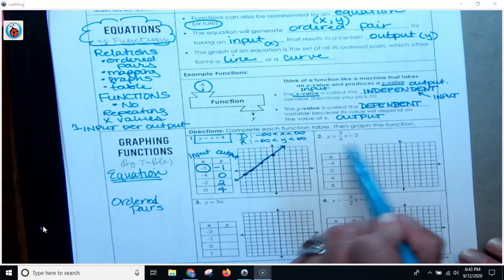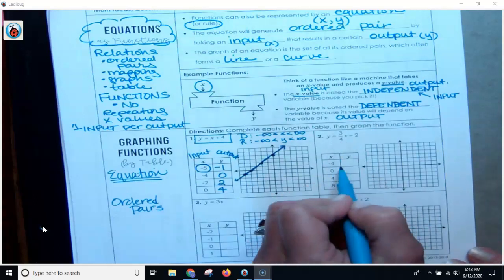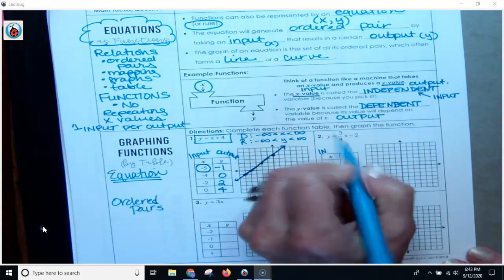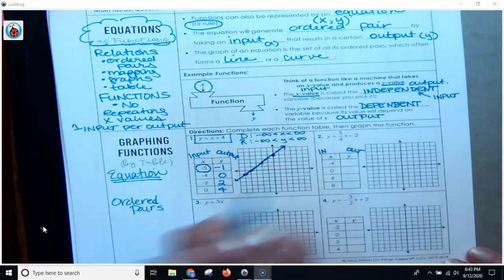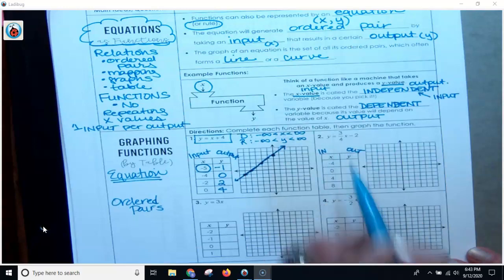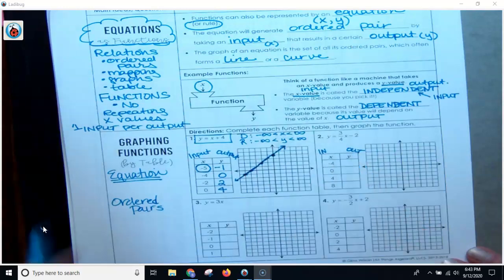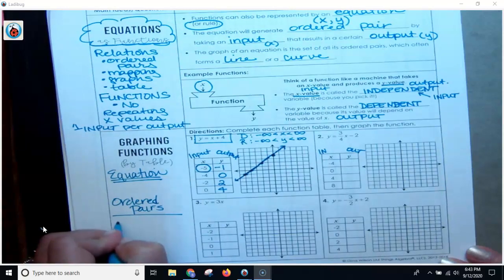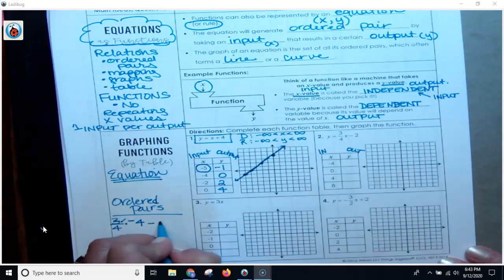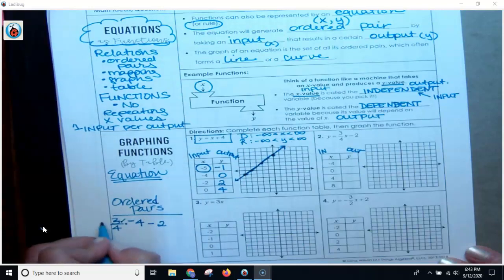Now, number 2, we've got this equation and a table. These again are my inputs and I'm looking for my outputs. When I put -4 into the x, y equals 3/4 times -4 minus 2.